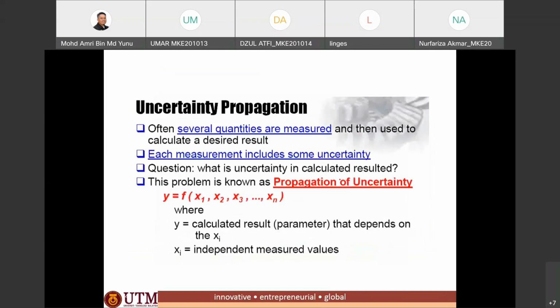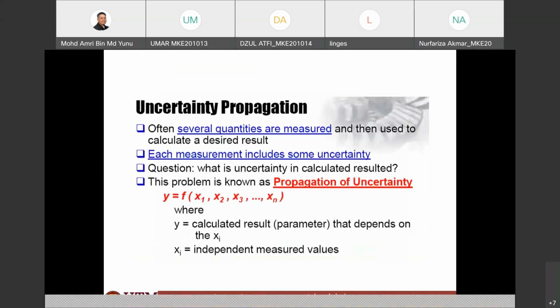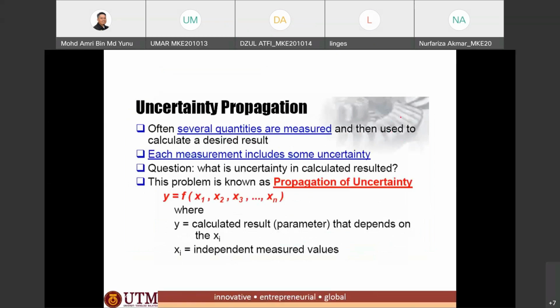So first we look into the uncertainty propagation. In our measurement, we usually involve calculation of several quantities.